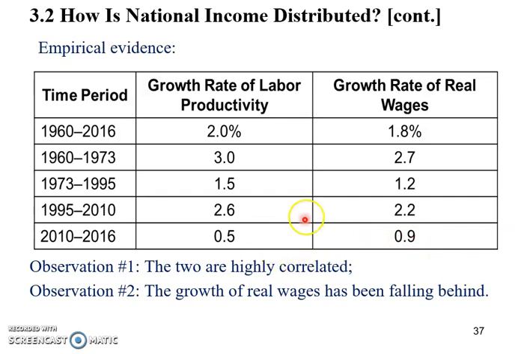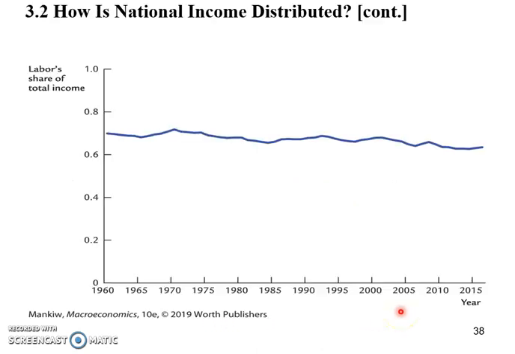Now, an extension of this discussion would be, because the increase in real wage has been falling behind, as you could imagine, the labor's share in total income should decrease over time. That's exactly what we found here.